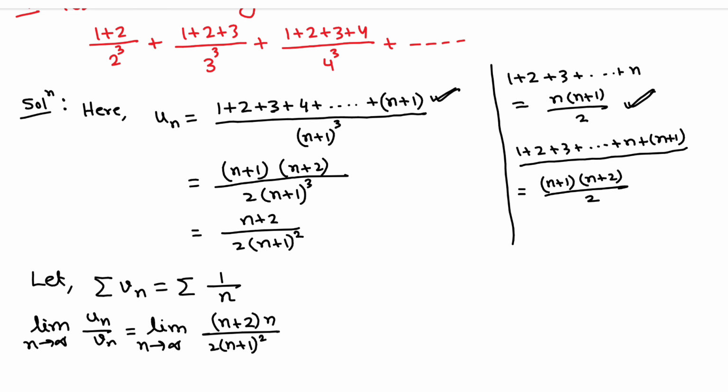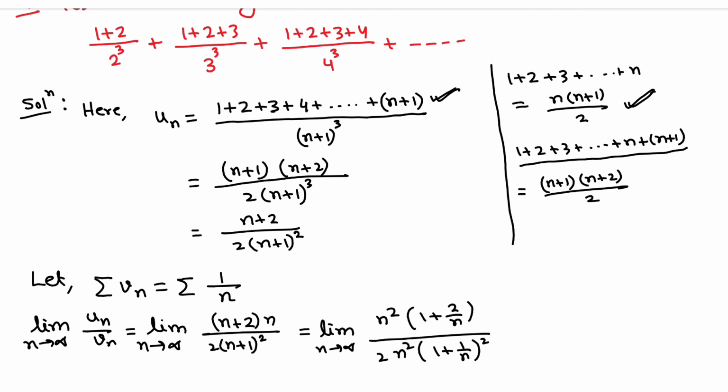I am taking n common from each factor. So this equals limit n tends to infinity n square into (1 plus 2 by n) divided by 2 into n square into (1 plus 1 by n) whole square. N square cancelled.